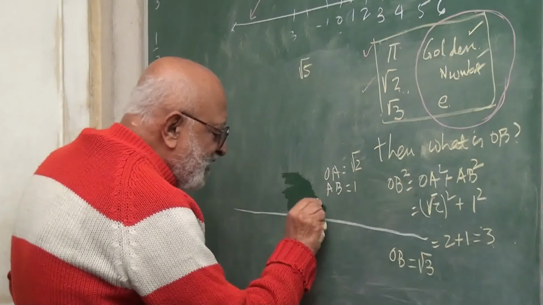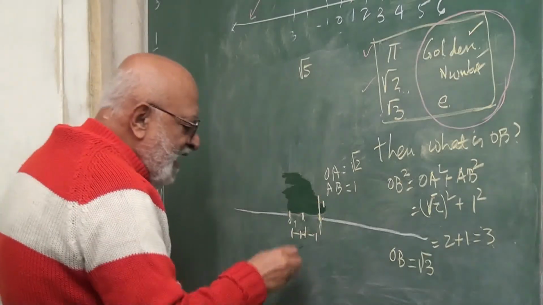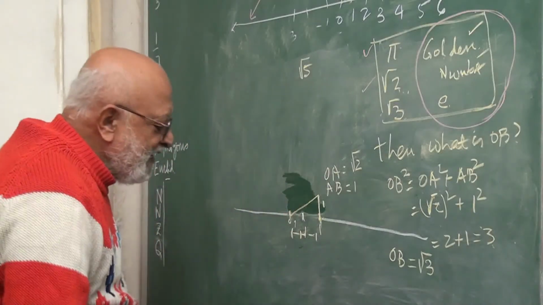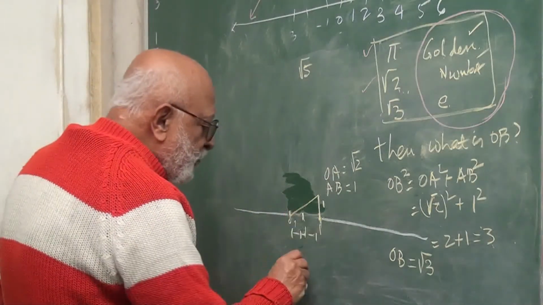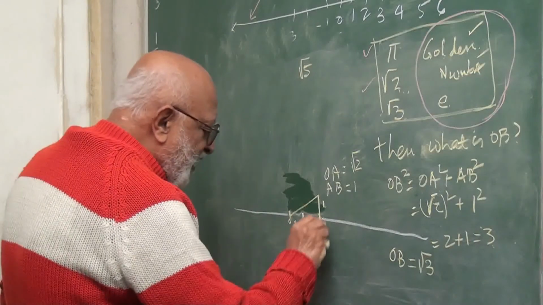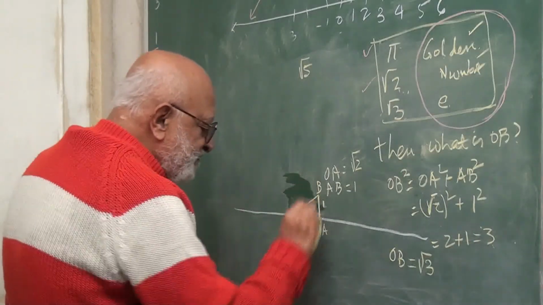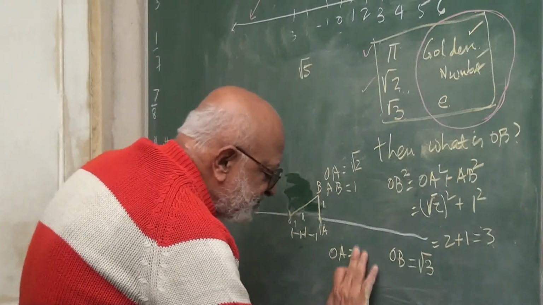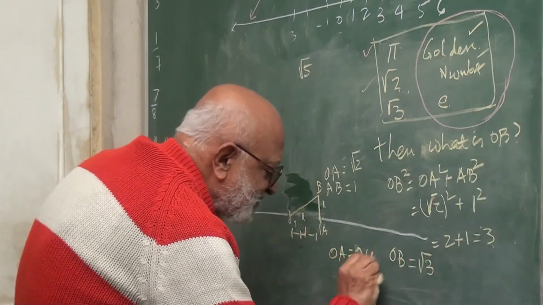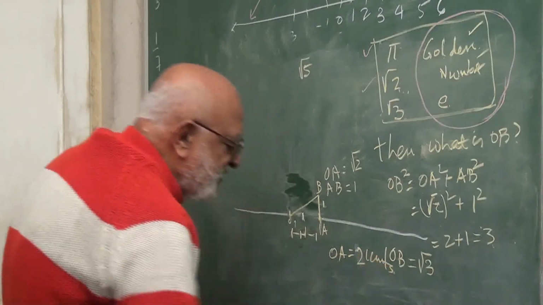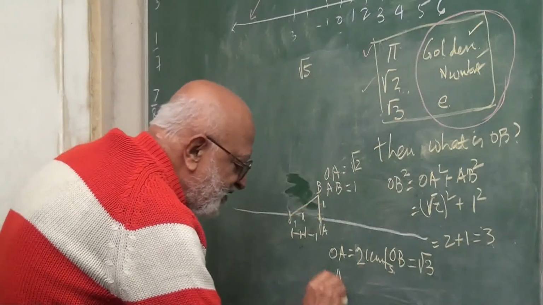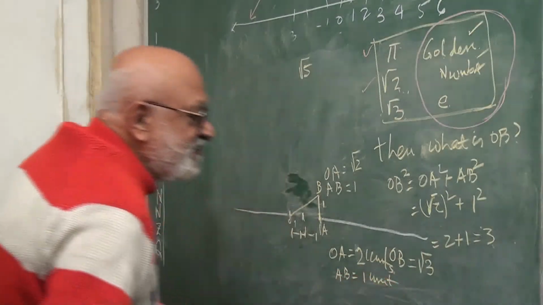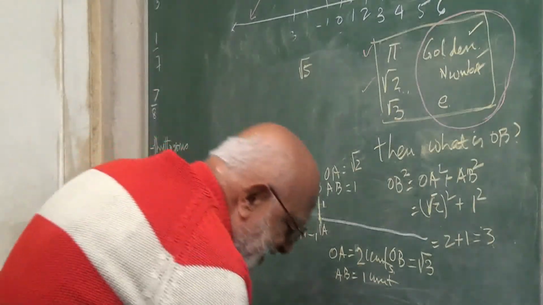Draw a perpendicular of 1 unit and then draw this line. So OA is equal to 2 units and AB is equal to 1 unit.